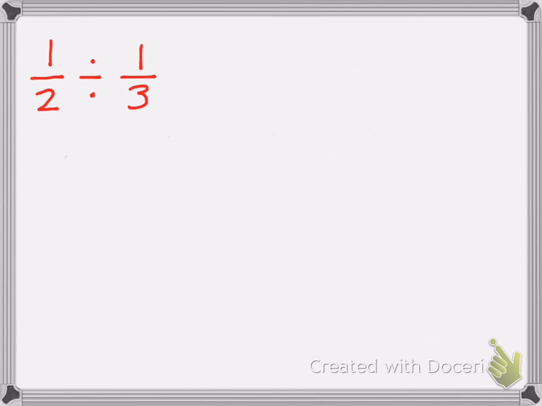Let's get started. All right, so we're going to model 1/2 divided by 1/3. And I think the best way to think about this and be able to model it is to change it to a multiplication question. And we know that we're going to get an answer here, right? We're going to find out what 1/2 divided by 1/3 is. It's some number.